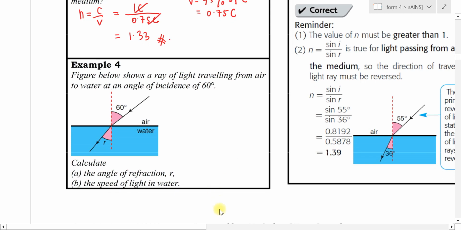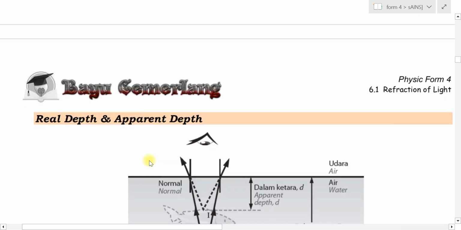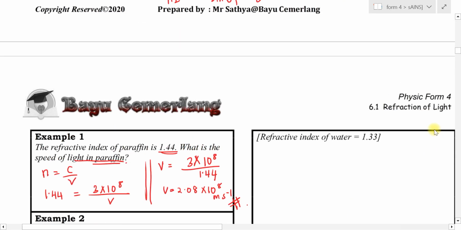Example 4. I want you to try this one first. The answer is 2.26 times 10 to the power of 8 m/s^-1, and this one needs a unit. Let's look. They ask for the angle of refraction, and the refractive index is already given.